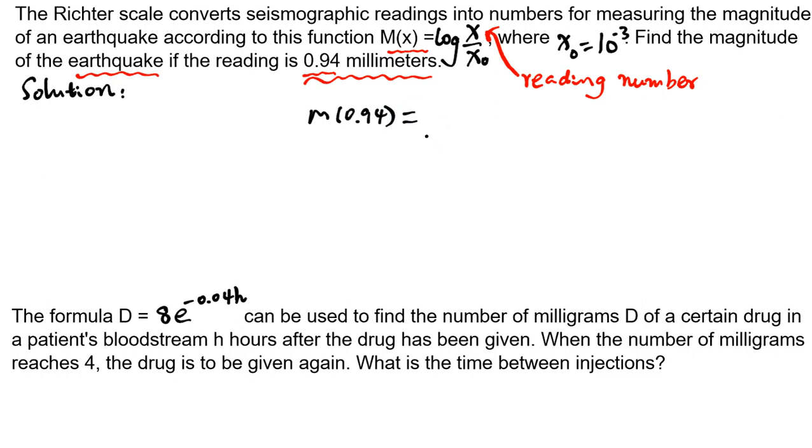From here you have the expression, which you input on your calculator: log, parentheses, 0.94 divided by 10 to the negative 3, and then close bracket. I have a calculator right here.